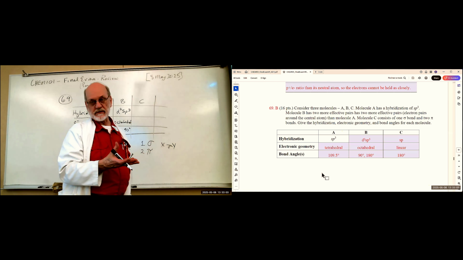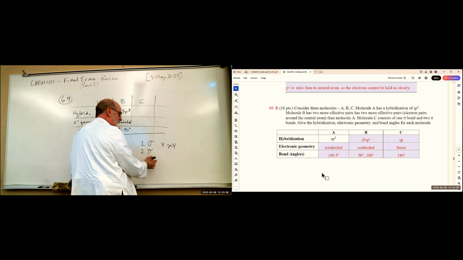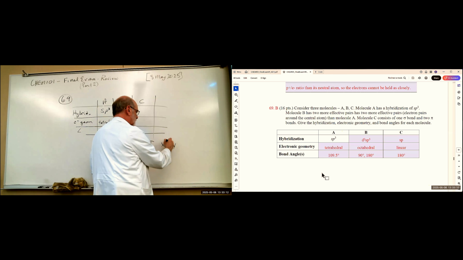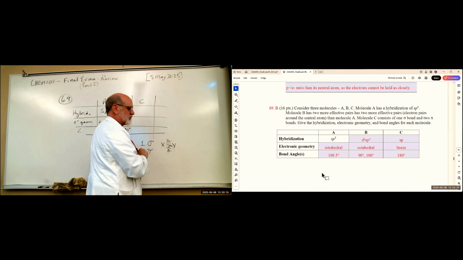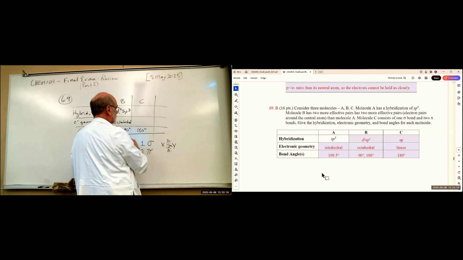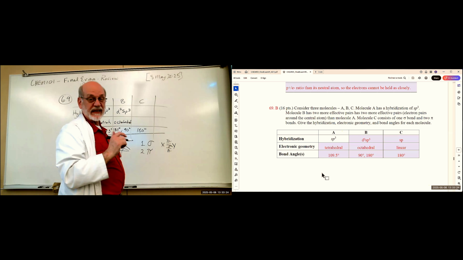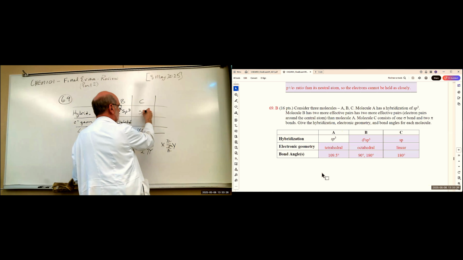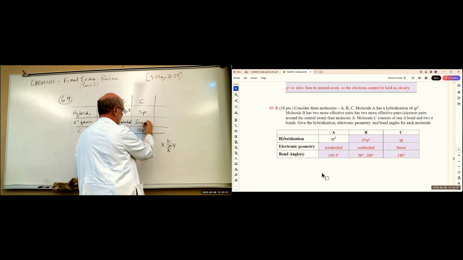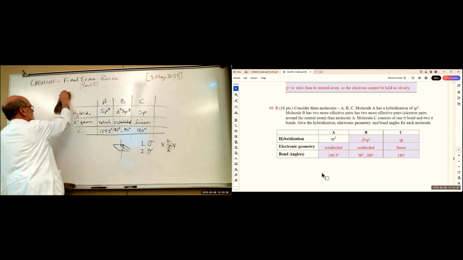We don't have any more sigmas because sigmas must be on axis. The only way you can get those other 2 pi's is to put both of them between those atoms. And that means we have a 180-degree molecule. And that gives you a linear shape, so the hybridization has to be sp. No other possibility. Okay, there you go. That's 69.